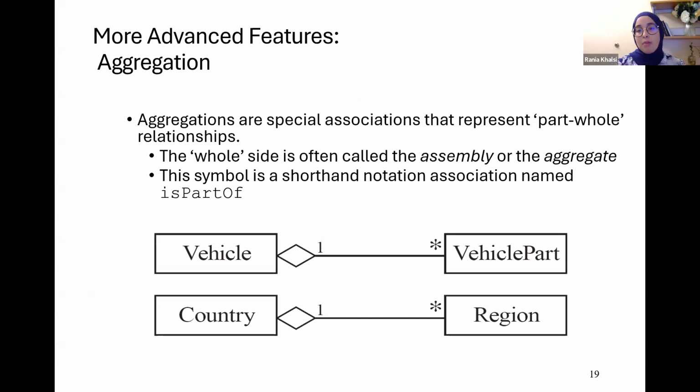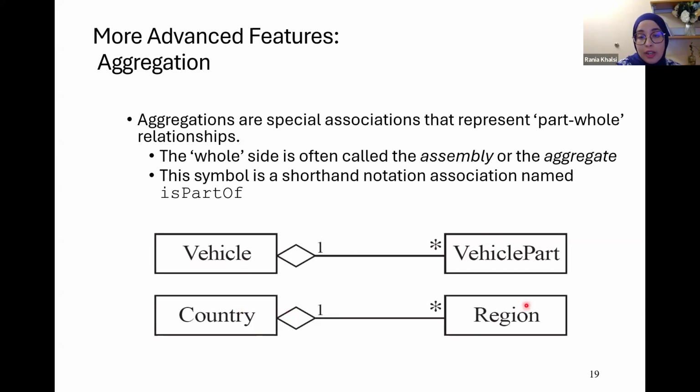So another type of association is called the aggregation link, and this is very important to understand in my opinion. So aggregation, you will see here this diamond. The aggregation link means that one is part of the other. For example here, a vehicle is composed of many vehicle parts. A country contains many regions.